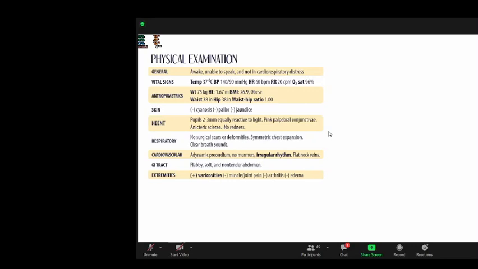For the cardiovascular, there is an adynamic precordium, no murmurs, regular rhythm was noted, and also there are flat neck veins. For the GIT, the abdomen is flabby, soft, and non-tender. For the extremities, varicosities were noted, no muscle or joint pain, arthritis, or edema.